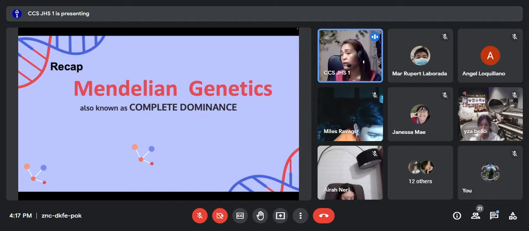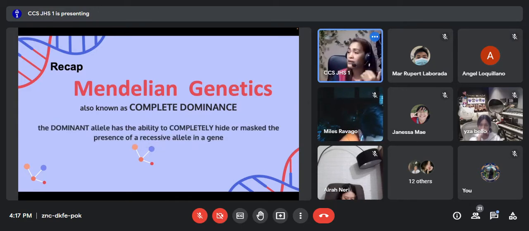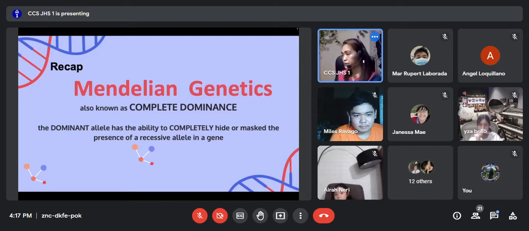However, this dominant allele has a complete ability to hide and mask the presence of the recessive allele in a heterozygous genotype. Let me give you an analogy.